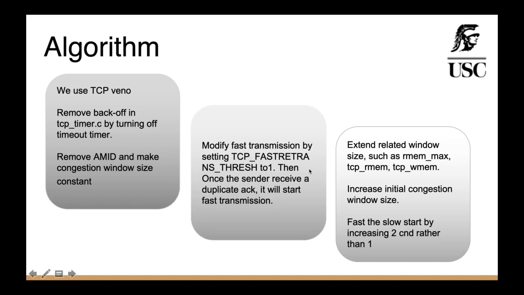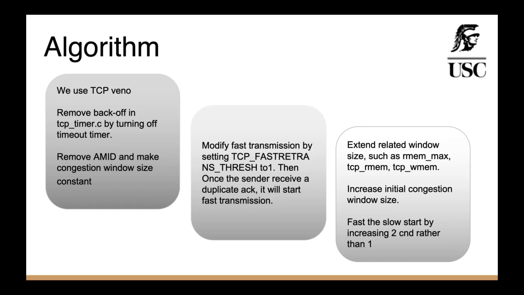The second change is to modify the fast retransmission by setting the TCP fast retransmit threshold to 1. Then once the sender receives a duplicate acknowledgement, it will start fast retransmission.